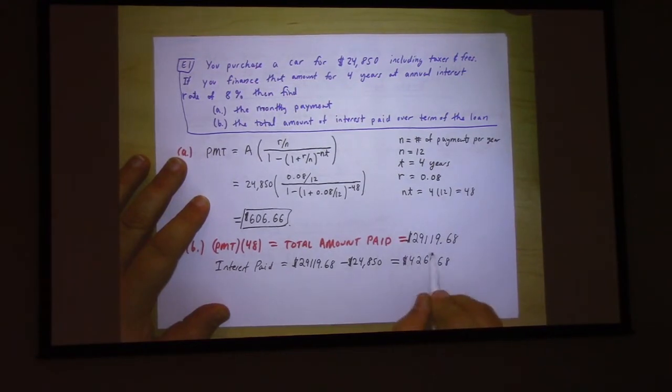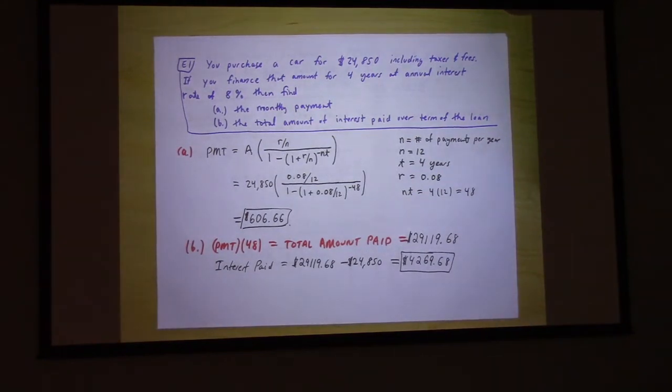That's the interest paid. To calculate interest paid, what you need to do is calculate the total amount of monthly payments that you paid, right? And then subtract the amount that you got loaned to start with, all right? Does that make sense? So that doesn't seem too bad for a car, does it?